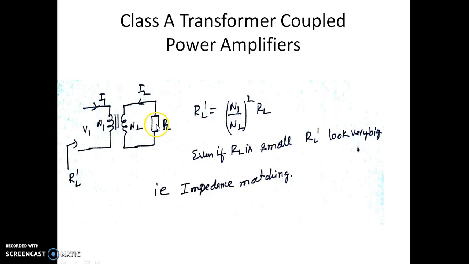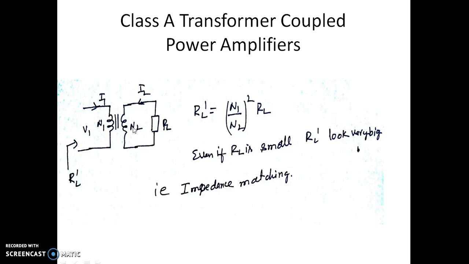A very small impedance at the secondary will look like a very heavy impedance at the primary side. So this concept is used in the transformer coupled power amplifiers, because usually the load connected to a power amplifier is very small, so that load will look like a very high impedance on this side.